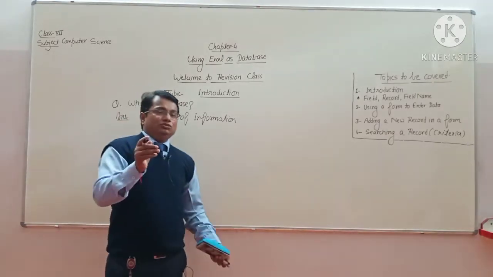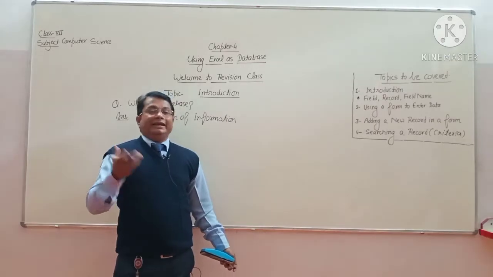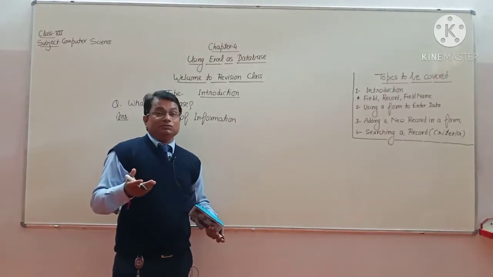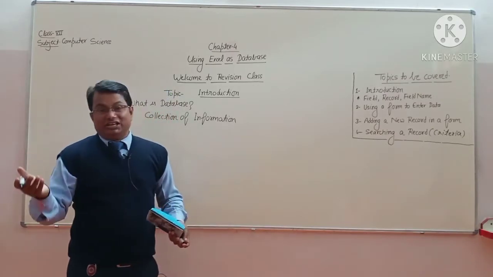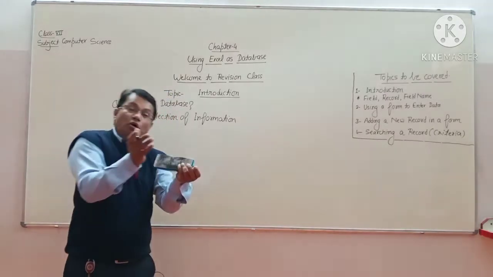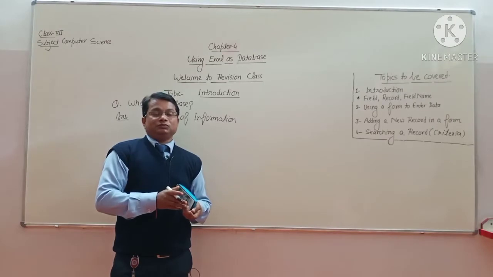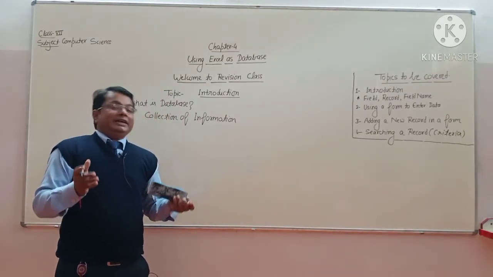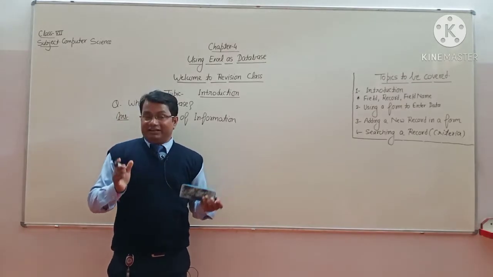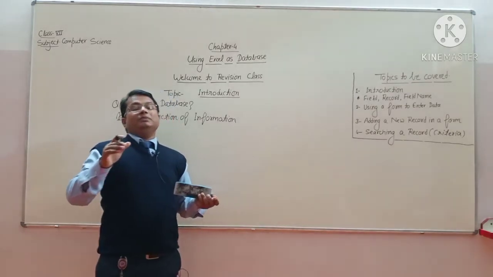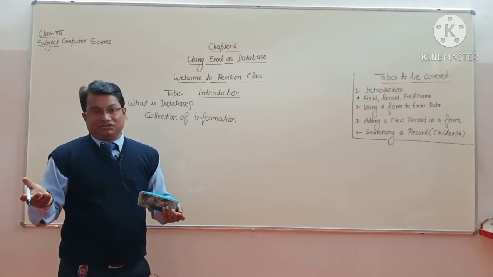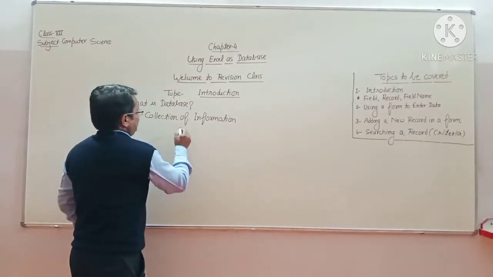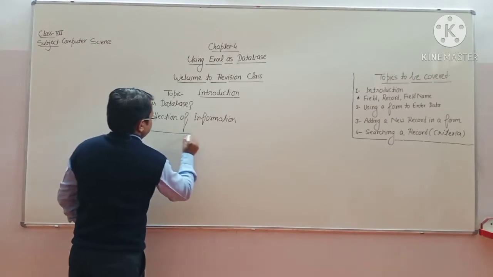Suppose you are going to the market, and you have a list of items which need to be purchased. That's also one kind of data. So the definition is that it's a collection of information which will be used for further reference.